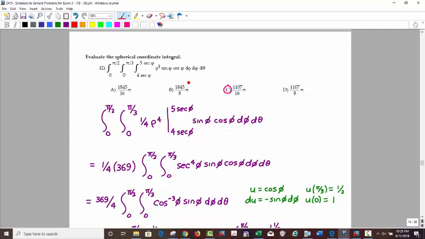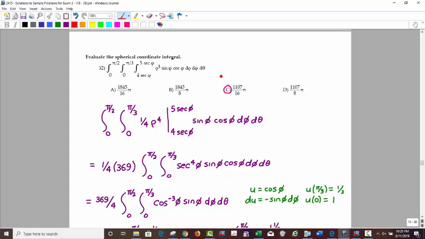So we're integrating with respect to rho the first time. And don't forget, with this kind of problem, just like you would do for cylindrical or polar, don't put in the rho squared sine phi. That's only when you're converting from rectangular to spherical. If you're just integrating a given function already in the form, you don't convert it.